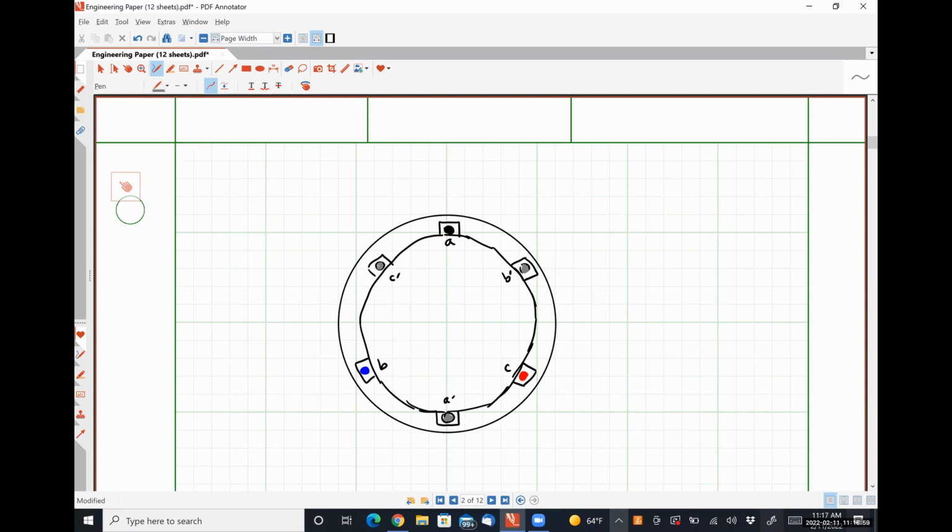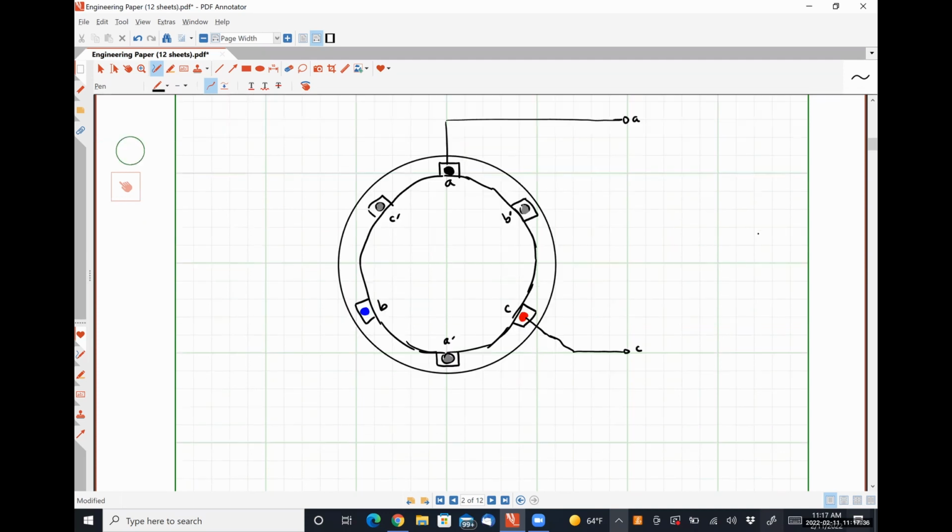Okay. What I am crappily trying to draw here is what's called the stator of a rotating electric machine. So I'm going to draw some wires here. This is my A terminal. This is my C terminal.